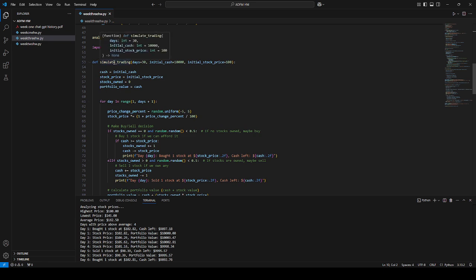And then right here we're simulating a trading strategy for just 30 days with an initial cash amount of 10,000 and the initial stock price being 100. So we'll start with 10K, and there will be randomly generated prices.